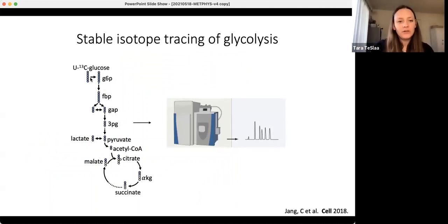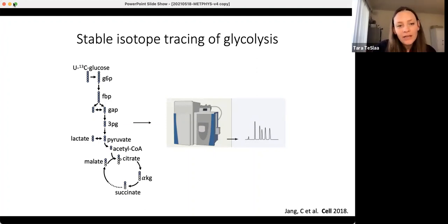So stable isotopes are usually heavier isotopes of a molecule, such as carbon, which usually has a molecular weight of 12, but carbon-13 has an extra neutron and therefore a molecular weight of 13.